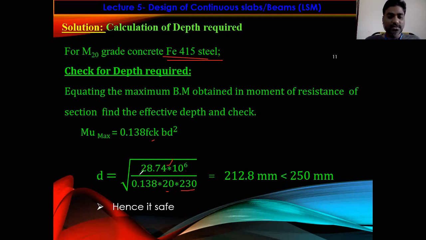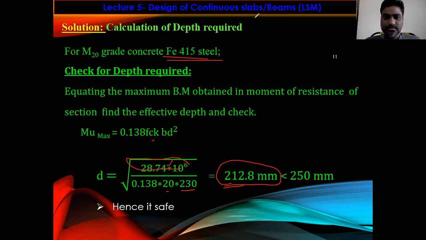So from this equation, the depth required to resist this much bending moment is 212.8 mm. That means to resist this much bending moment, I need minimum 212.8 mm depth.